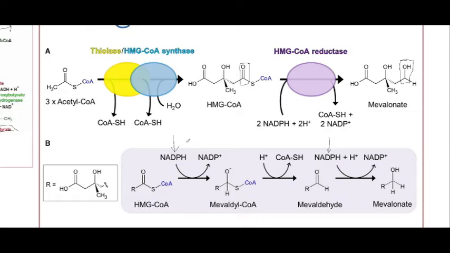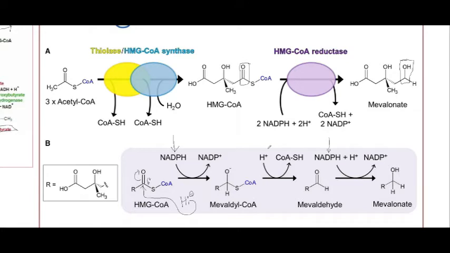And we see here that what's going on is this NADPH is donating a hydride ion. So that's a hydrogen with 2 electrons and a negative charge. And this hydride ion is attacking this partial positive carbon here, and the electrons will then jump up to there, and we end up with this mevaldyl intermediate.